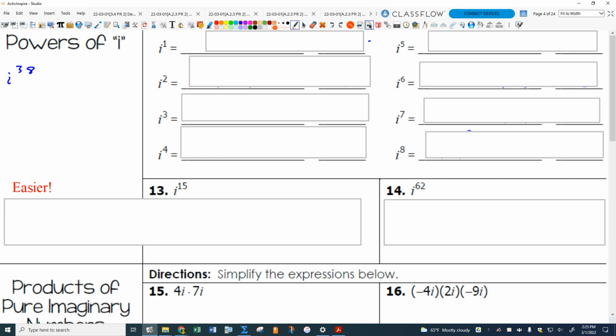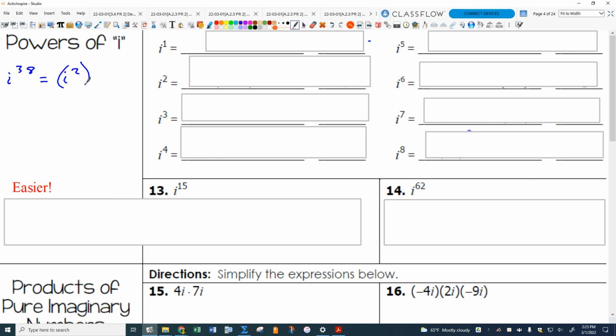So I could write i to the 38th as an even power of i. So I could write it as i squared to what power? The 19th, right? Does that make sense? Because if I take a power to a power, I multiply the exponents, so I would just divide 38 by 2.